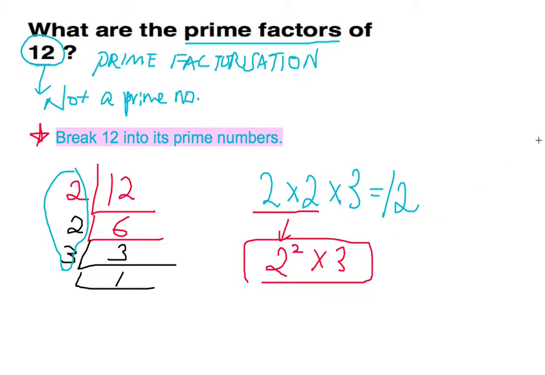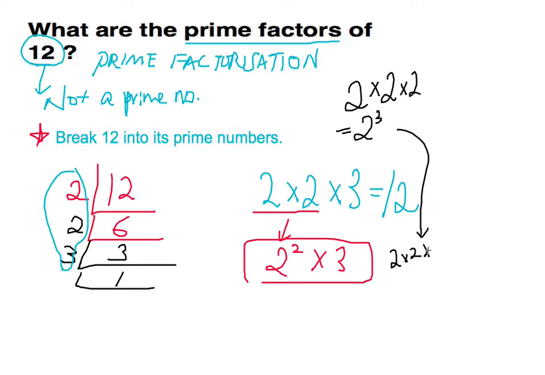And if you think about it, if 2 times 2 is equal to 2 squared, or 2 to the power of 2, 2 times 2 times 2 will be equal to 2 to the power of 3, or 2 cubed.